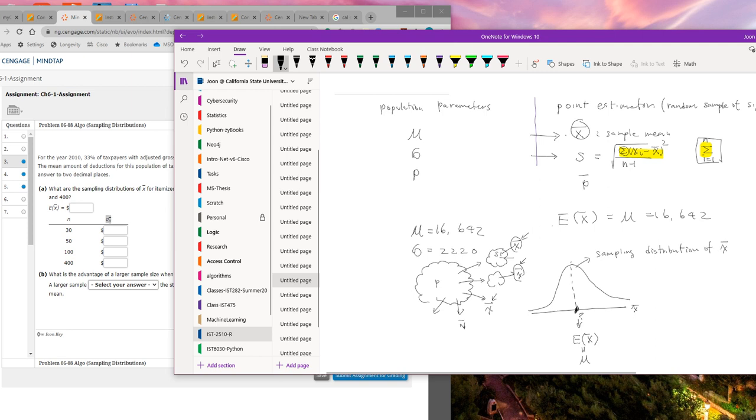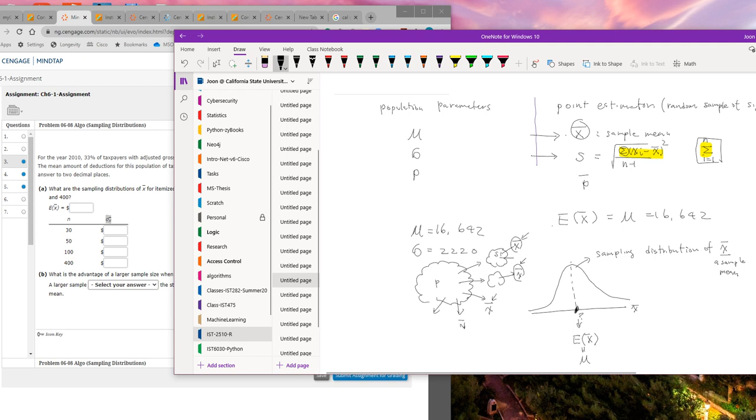Actually, the full name is the sampling distribution of a sample mean. That's the full name. So sometimes we call it the sampling distribution of x bar, or the sampling distribution of the sample mean, right? I already explained this in my lecture, okay?